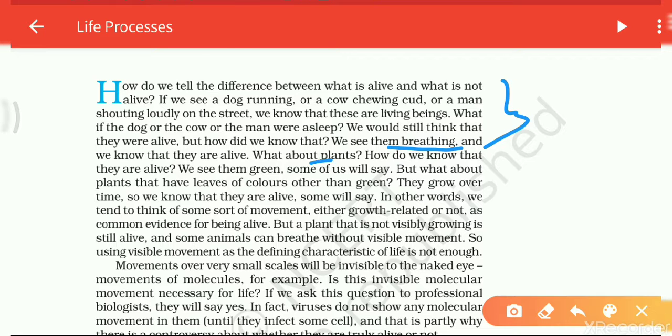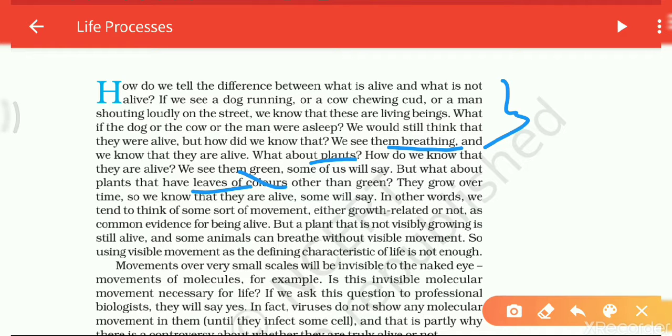But what about the plants? How do we know that they are alive? How do we decide that the plants are alive? Actually, plants also come under living things. When we see plants, they are green in color and have leaves.